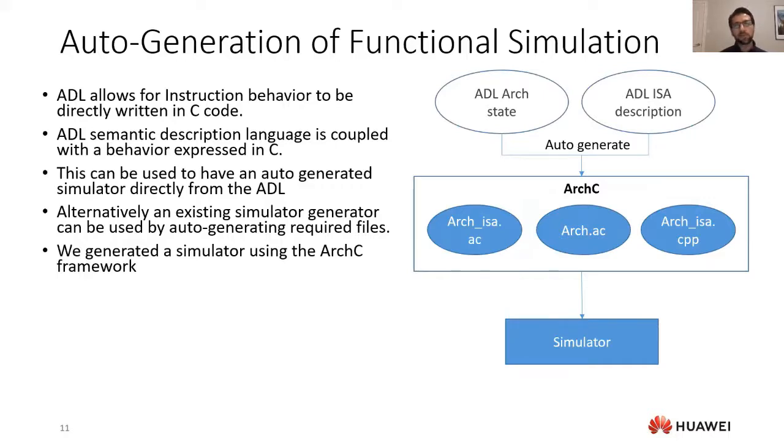However, since there are also alternative existing simulator generator frameworks, we did use ArcC to generate a simulator for our ADL. So essentially, in that case, you just generate the files which are needed by ArcC to generate a simulator.